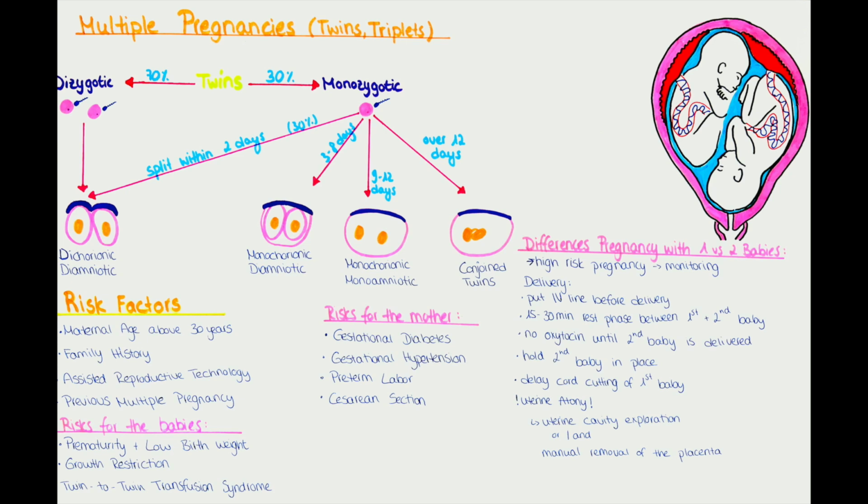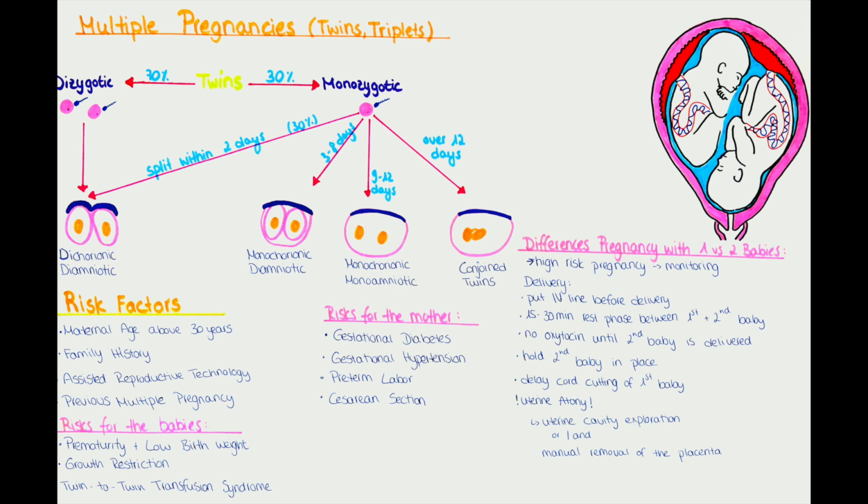In some cases of identical twins sharing a placenta, there can be an imbalance in the blood flow, leading to complications. It affects around 10 to 15% of monochorionic twin pregnancies and occurs due to anastomosis on the shared placenta, leading to blood being shunted from one baby to the other.